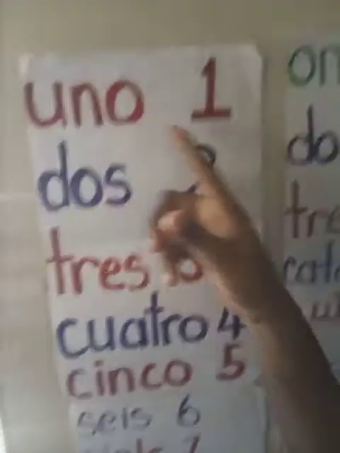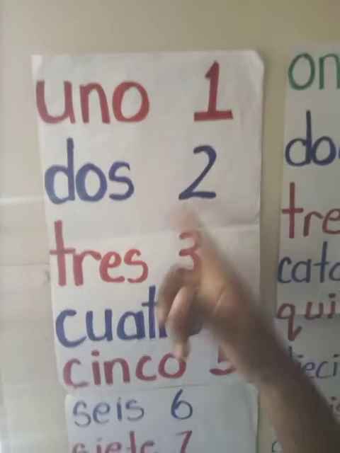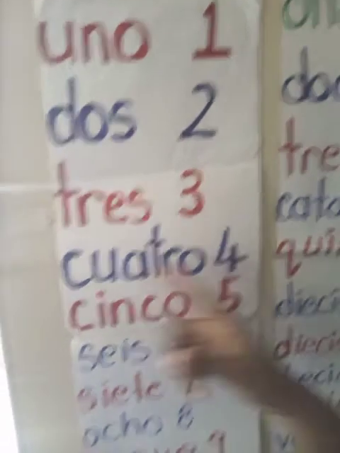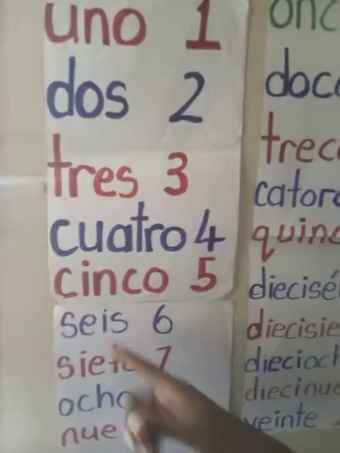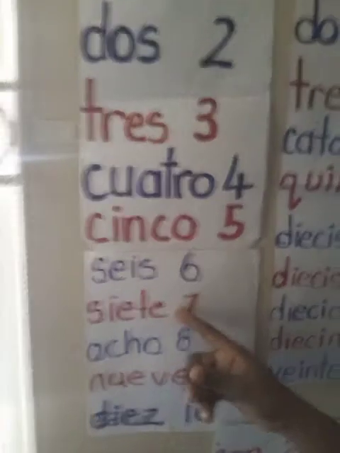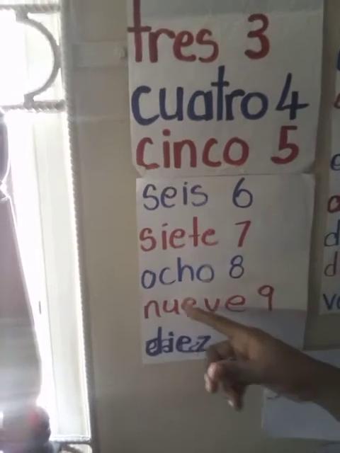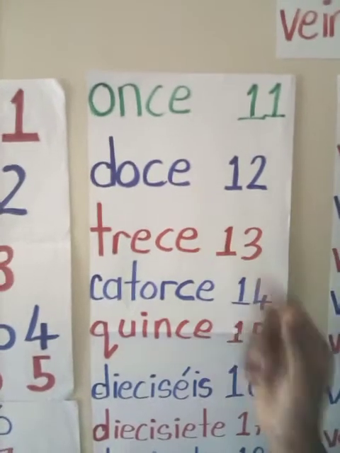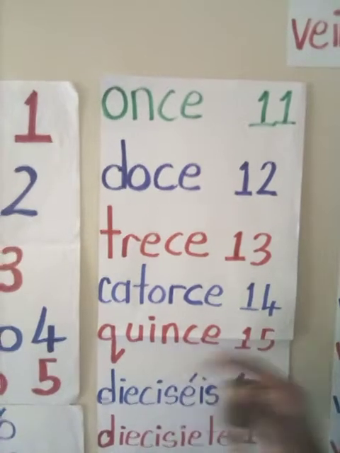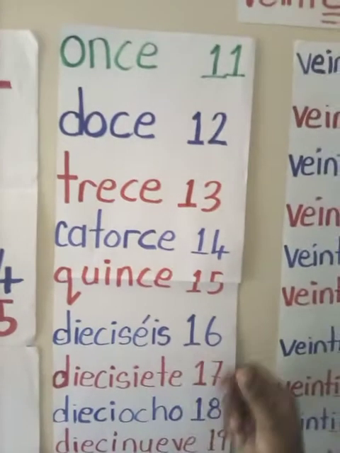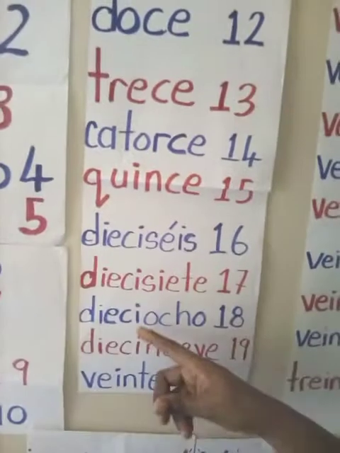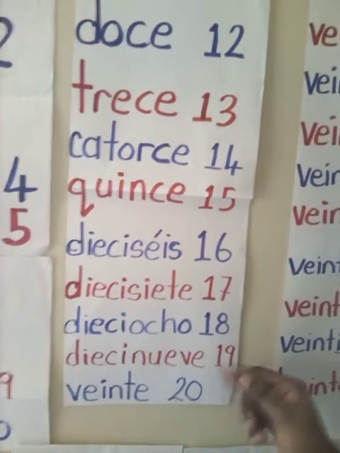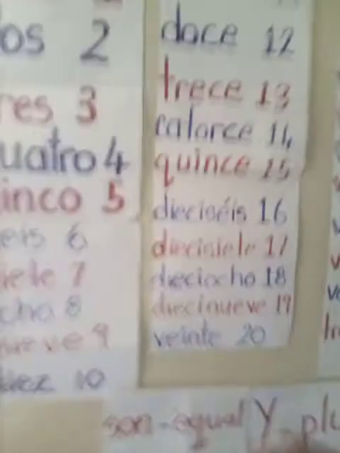So let's go. 1, 2, 3, 4, 5, 6, 7, 8, 9, 10, 11, 12, 13, 14, 15, 16, 17, 18, 19, and 20.